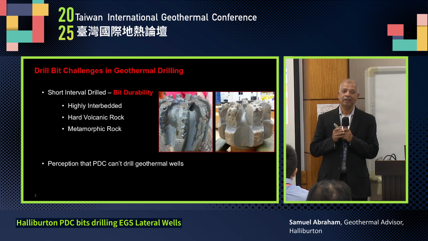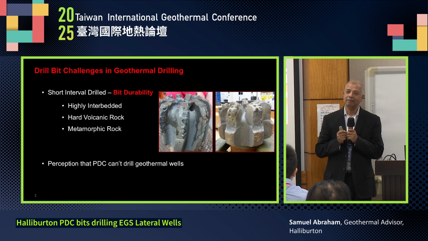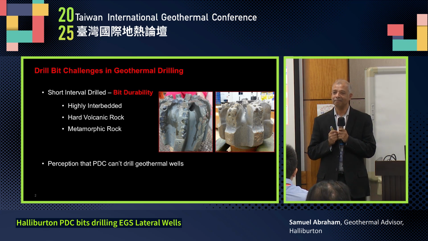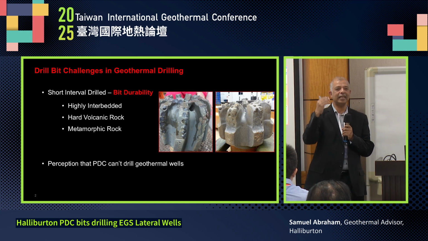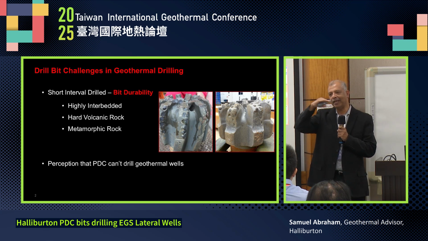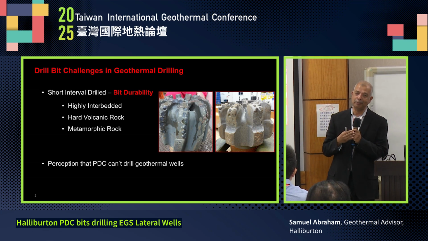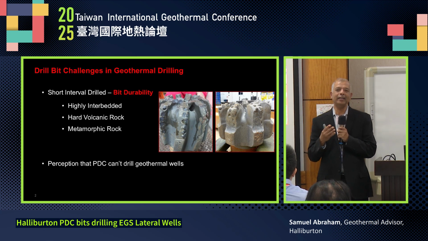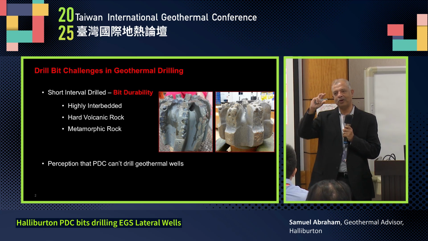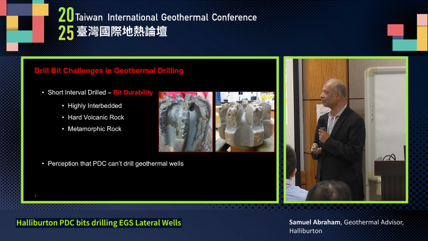Now, the formations here are pretty volcanic, and you also find a lot of intercalations of formations. When I say intercalations, you find layers. Many times in wells you are looking for homogeneous formations, but nowadays you find intercalations, where you've got a hard formation, a soft formation, and how do you drill through those?